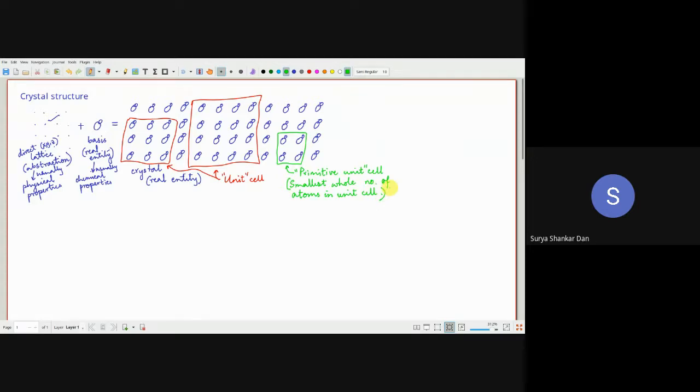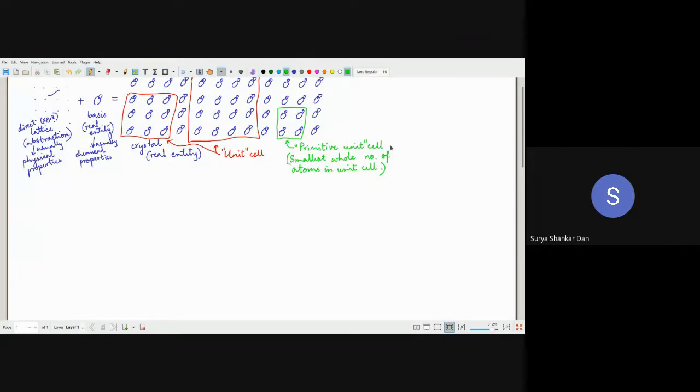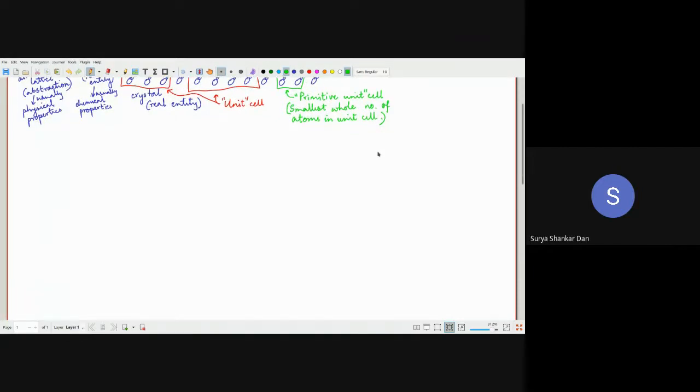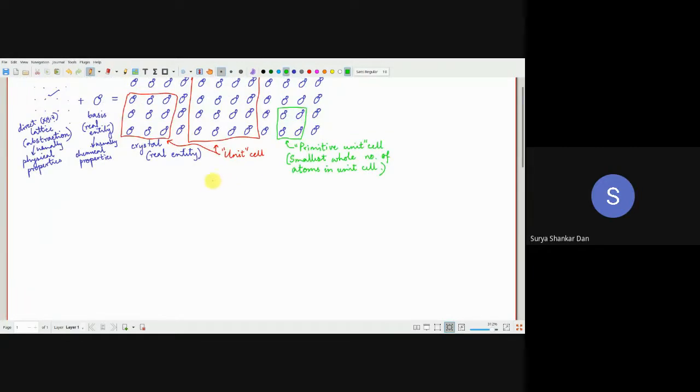Okay, so once we have got this, I have called here atoms. Rather, to make it generalized, let us call it the smallest number of bases. That means I'm generalizing it for ions, atoms, molecules, whatever is in the bases. Very good.